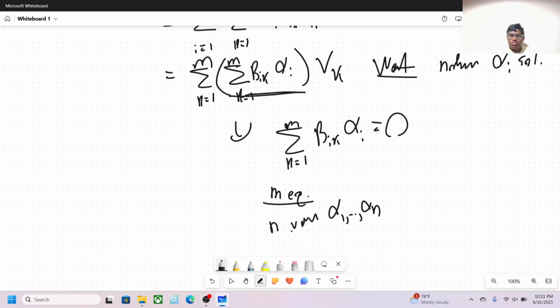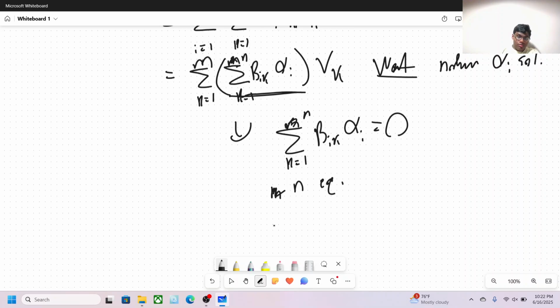I think I misspoke. So this should be an n here, not an m. So we have n equations, and we have m unknowns. But we know that m is greater than n. So more unknowns than equations.